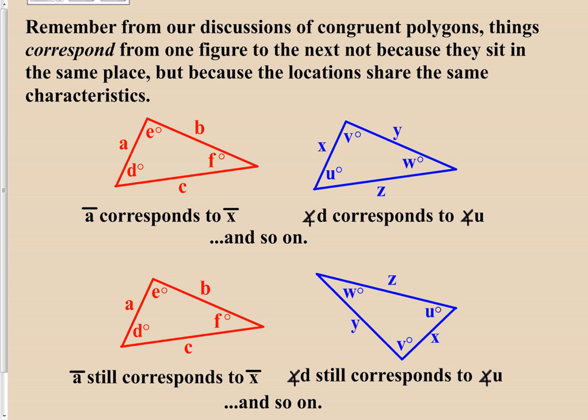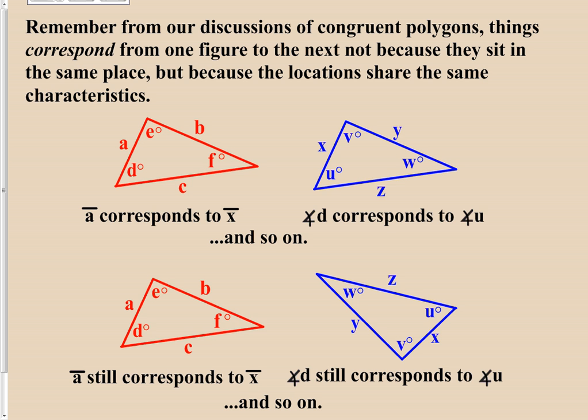But keep in mind, corresponding, when we're talking about polygons, does not mean top to top and bottom to bottom. Things correspond because they have characteristics in common from one figure to the next figure. So it really doesn't have anything at all to do with how the polygons are sitting.